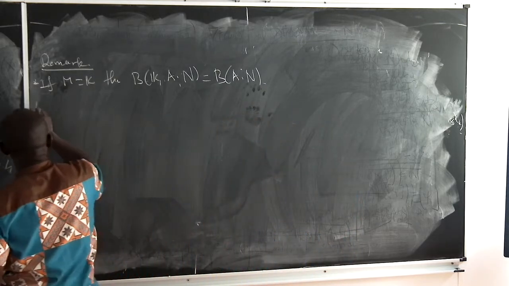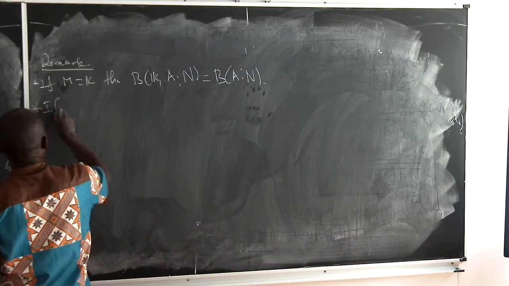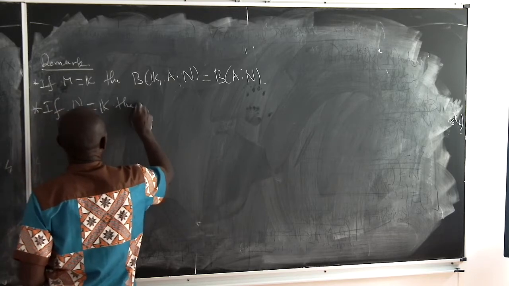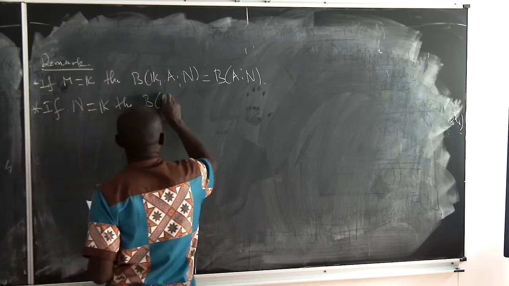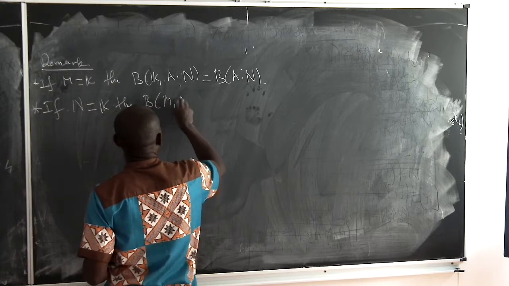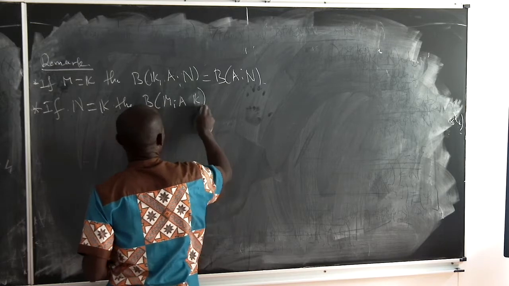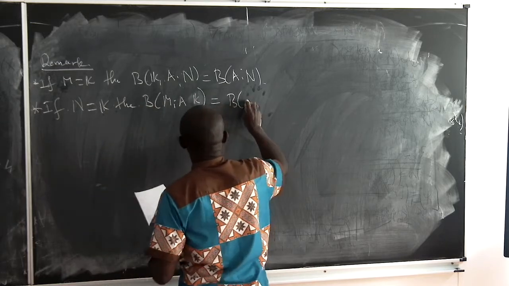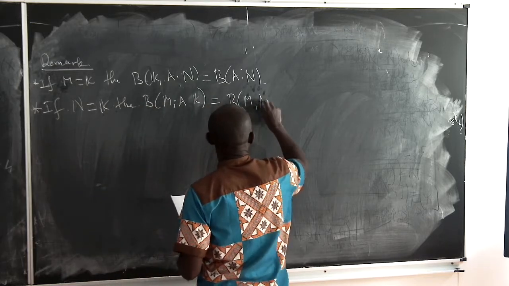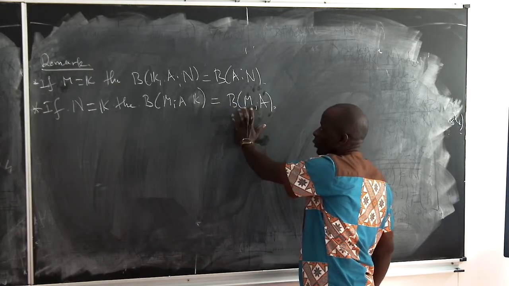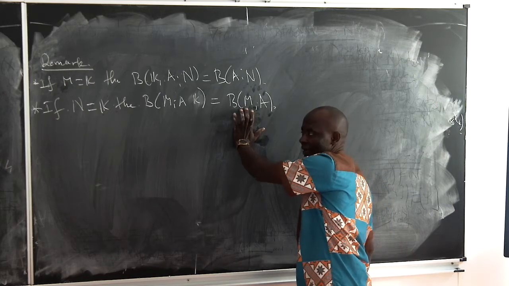In a similar way, when n is equal to k, this is the bar construction of A with coefficients on the left side.